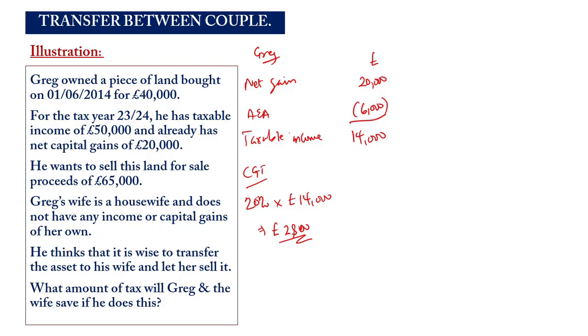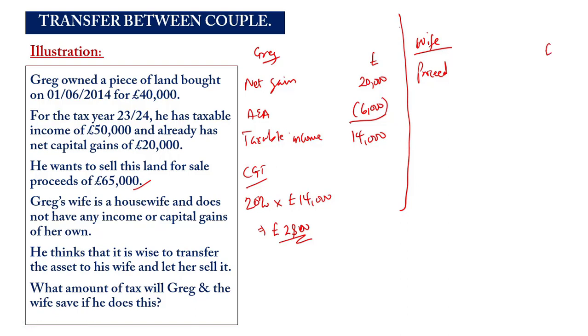Okay, great. So now the wife, who formerly didn't have any taxable income or capital gains, now has a gain. So the proceeds to the wife: the asset has been moved to the wife, and now the wife is the one selling it at 65,000 pounds.